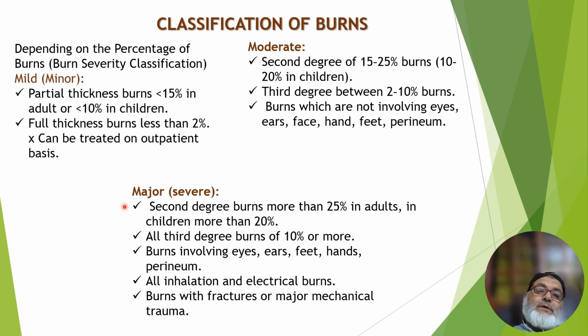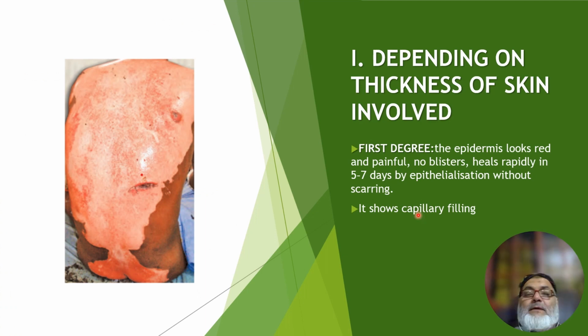While in case of major or severe burn, second degree burn is more than 25% in adults and more than 20% in children. All third degree burn of 10% or more, burn involving eyes, ear, feet, hand, and perineum, all inhalational and electrical burns are also included in severe burn, and burn with the features of a major mechanical trauma.